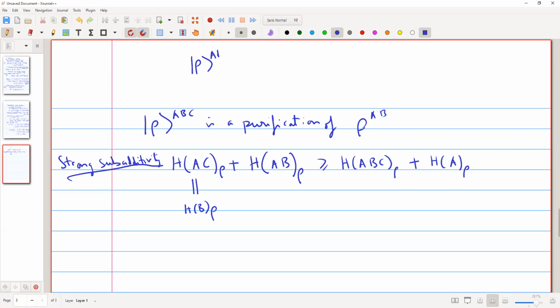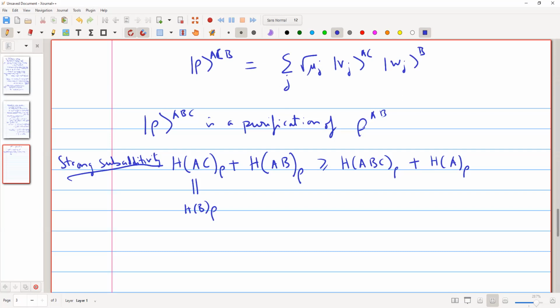If I take rho ABC, let me write it as rho ACB, there is this Schmidt decomposition. So let me use another index. There is some square root mu j, and then there is some Vj on the system AC, and there is this Wj on the system B. This is a Schmidt thing.